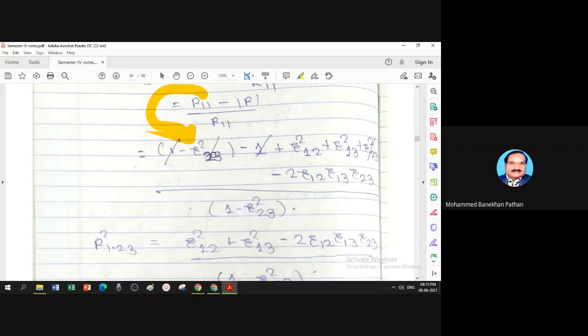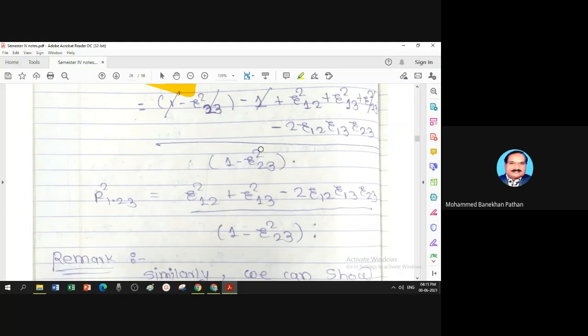R23 cancels with plus R23, plus 1 cancels with minus 1. So the simplified expression is R square 12 plus R square 13 minus 2 times the product of all three correlations, divided by 1 minus the square of R23.